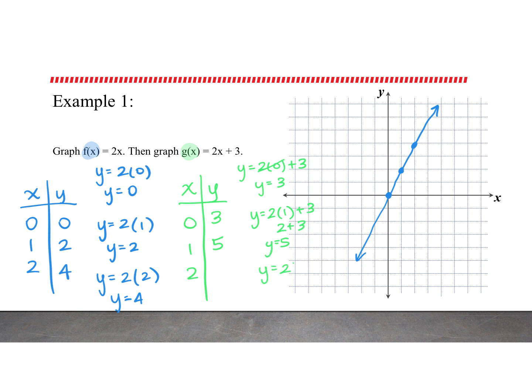And when we plug in 2 for our x, we multiply first, so we get 4 plus 3, and we get y equals 7. That gives us 3 points to graph.